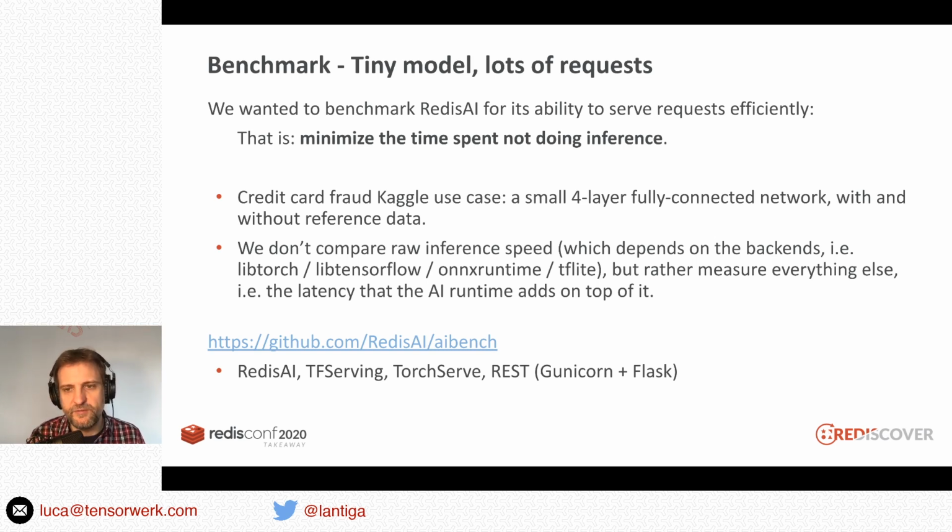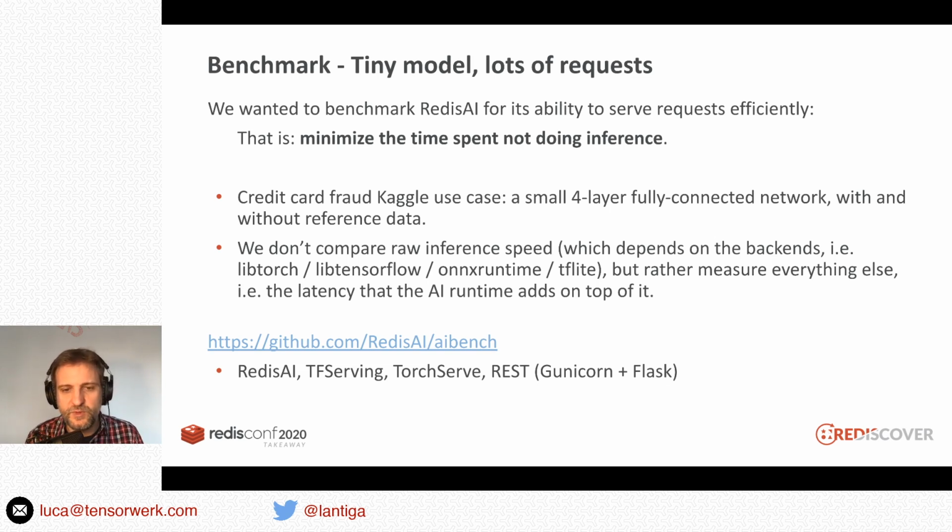We have a version that doesn't use reference data to run, and another version that uses reference data to see how you can run RedisAI efficiently by storing some of the intermediates, some of the state or reference information, within Redis directly. Again, we are not comparing raw inference speed, because that depends on the individual backends, but we want to measure everything else: the latency that the AI runtime adds on top of that.